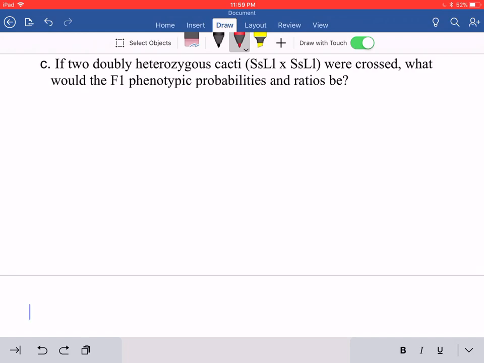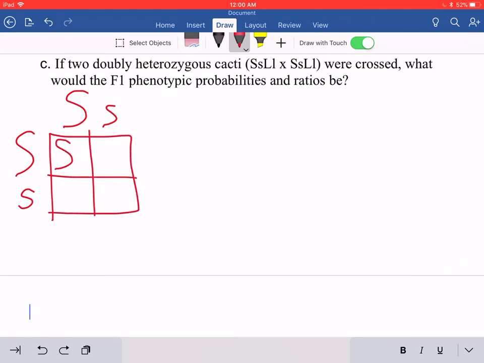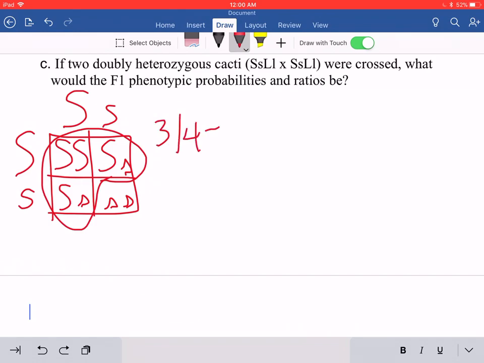So in terms of the gene controlling the spine expression, whether you show spines or not, we have a big S and a little s individual coming together. I'm going to make my little s's look little, just so that they're easier to see. Okay, so we're going to have 3/4 are going to have spines, and 1/4 is going to have no spines.